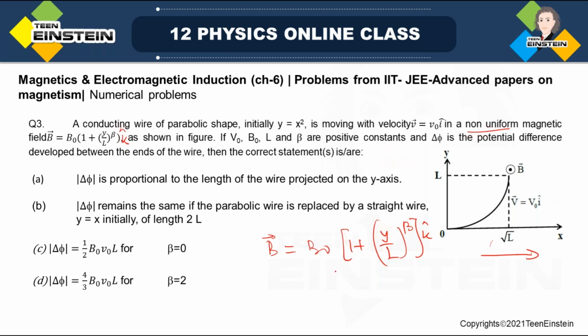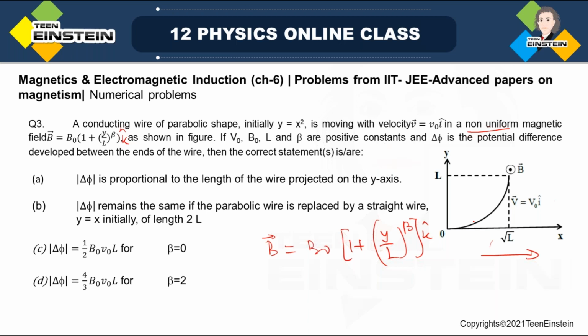Now V is along X direction, B is along K direction, and L is along Y direction. Y is equal to x square, so you can apply the BVL formula to calculate the EMF. How to do that we'll see.